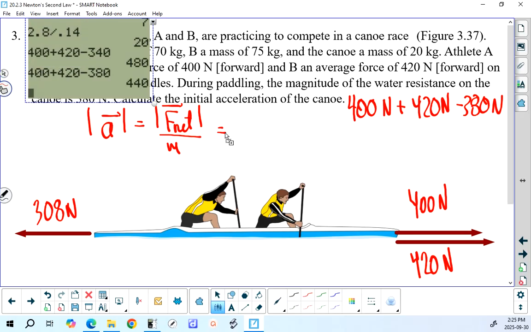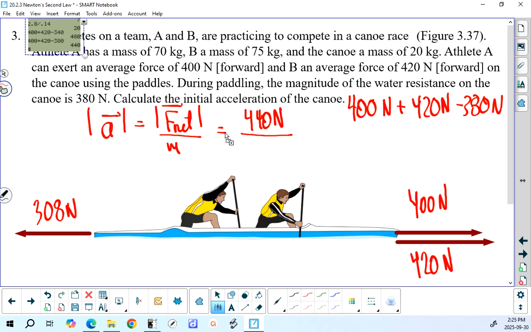So the acceleration, I normally don't like writing equals equals, but I'm crushed for space here, so I'm going to do that. 440 newtons divided by the mass. Well, it's not just the mass of athlete A that's accelerating, and it's not just the mass of athlete B, and it's not just the mass of the canoe. It's the total mass, which is 70 kilograms plus 75 kilograms plus the 20 kilograms of the canoe. Mass is a scalar, so when you're finding a total, you just add the numbers together.